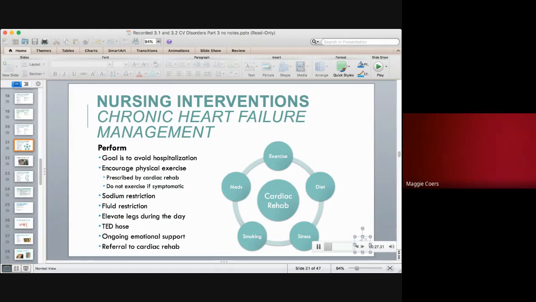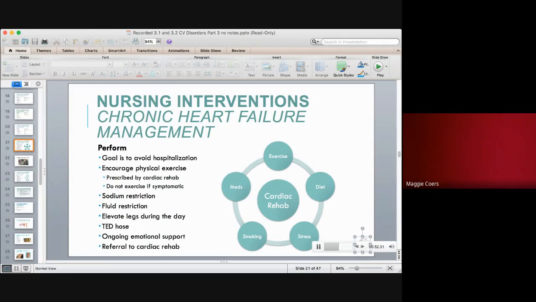Cardiac rehab will prescribe an exercise plan that the older adult will follow. It will also provide other things like diet education, stress management, smoking cessation, and medication instruction along with an exercise program.